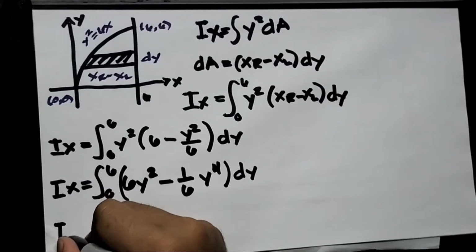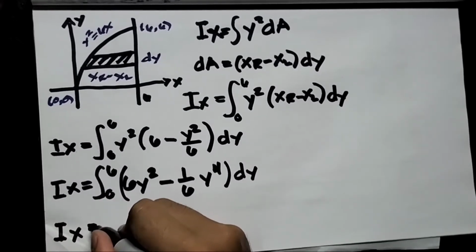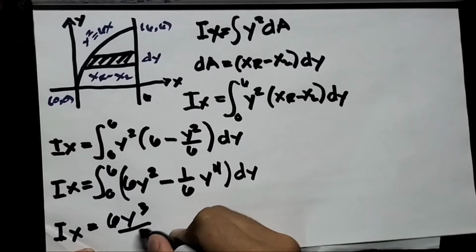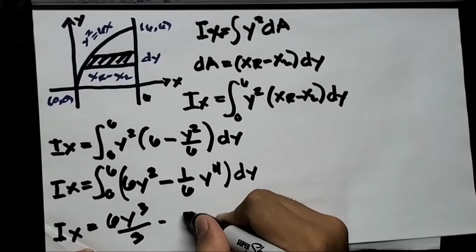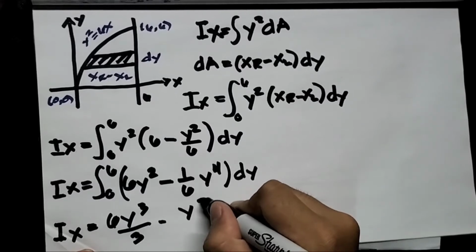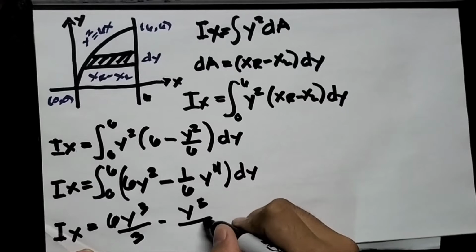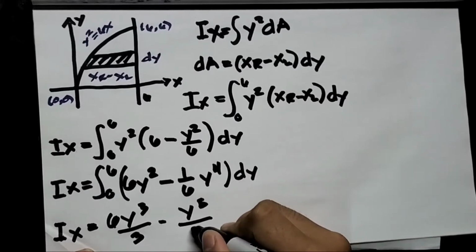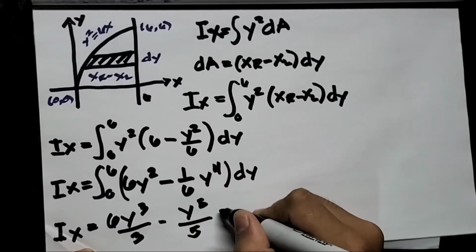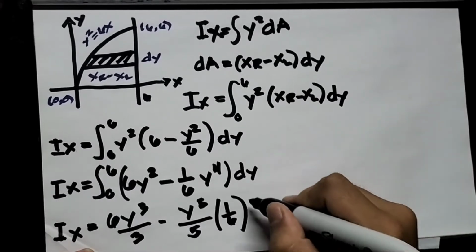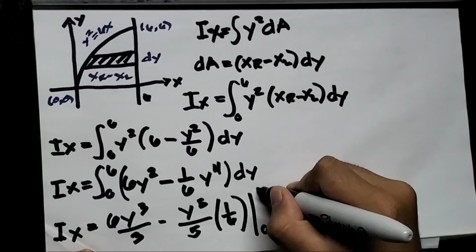So our Ix will be equal to 6y cubed over 3 minus y^5 over 5 times 1 over 6, from 0 to 6.